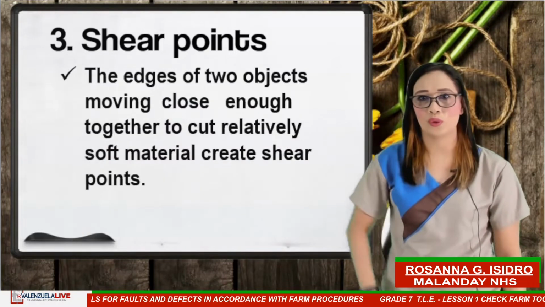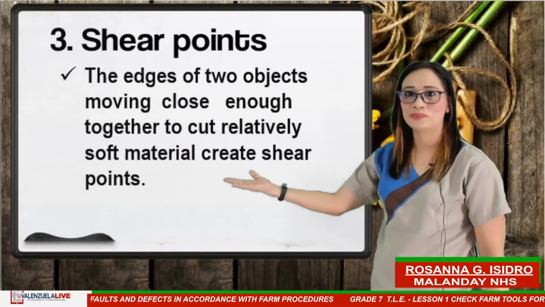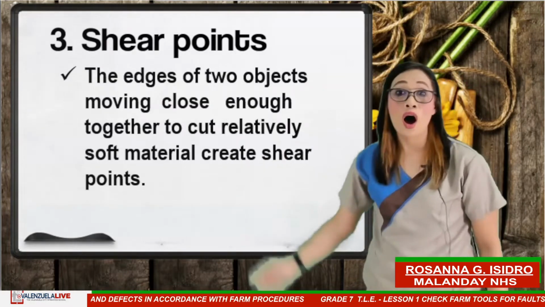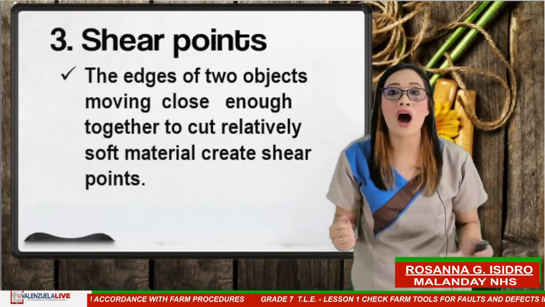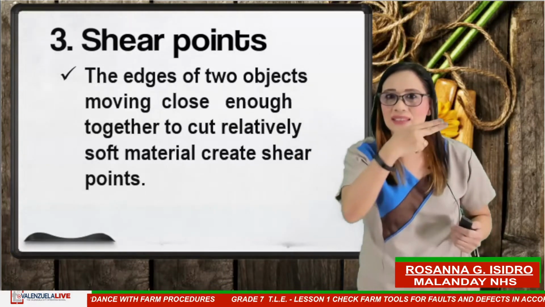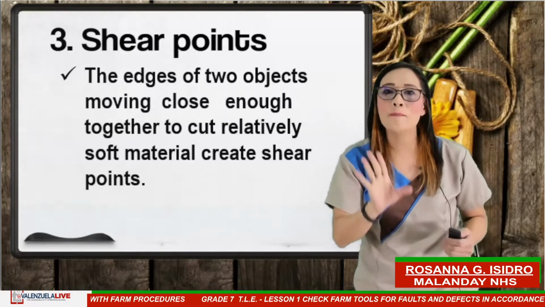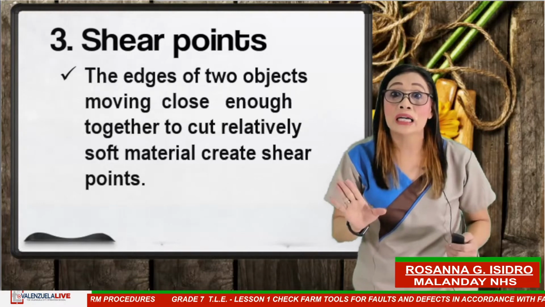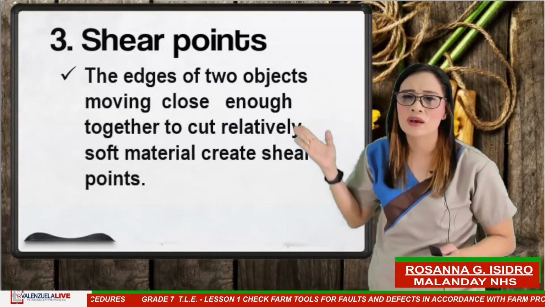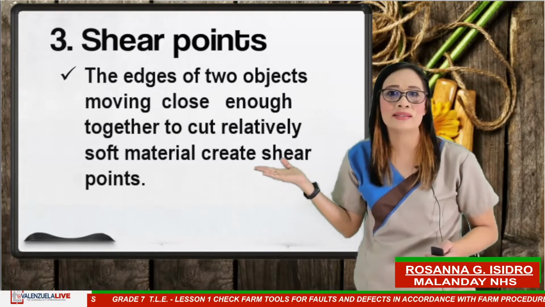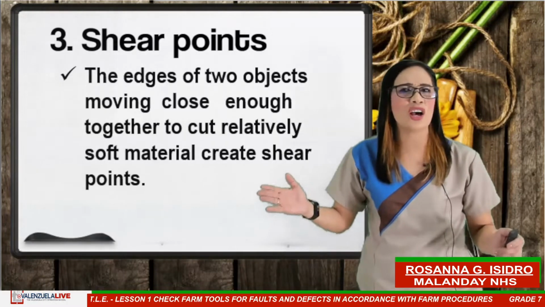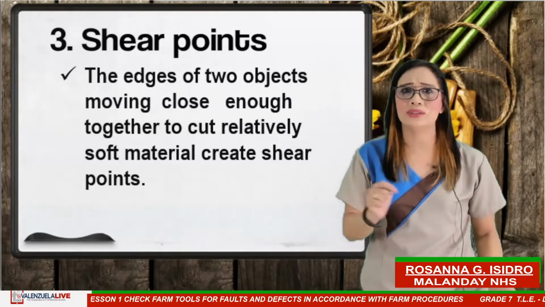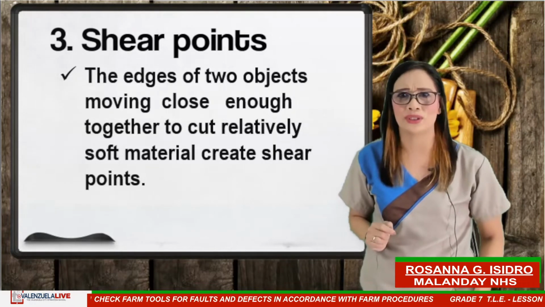Third, shear points. The edges of two objects moving closely enough together to cut relatively soft materials create shear points. Common injuries include crushing of tissues, laceration, broken bones, contusion, and amputation.